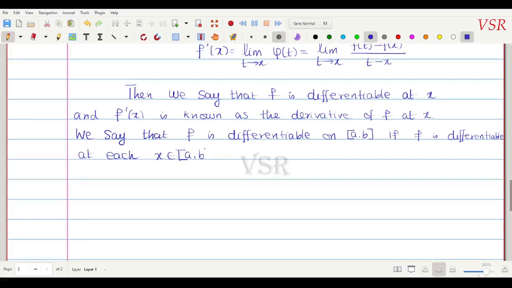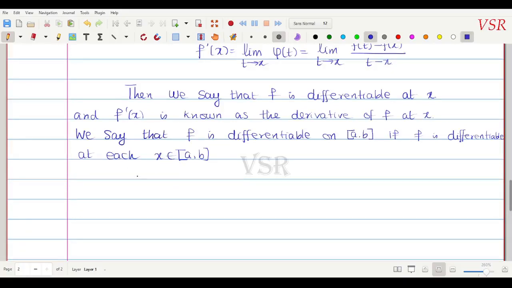Note that at x equal to a we will talk about only the right limit, and at b the left limit. Right now we are not talking about right limit and left limit, we are just going to have differentiability.